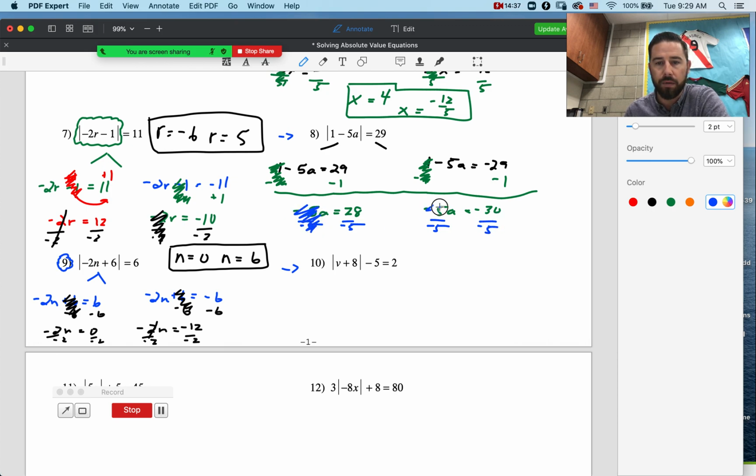You're gone. You're gone. And here it looks weird, but that's okay. a equals, you know, what's a positive divided by a negative? It's a negative. So I'm just going to write negative 28 over 5. That's totally fine. And over here we get something a little more clean, right? a equals, I think, 6.